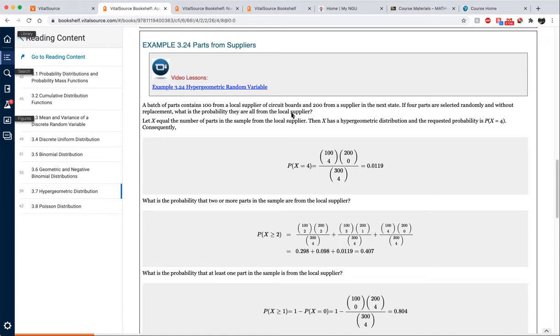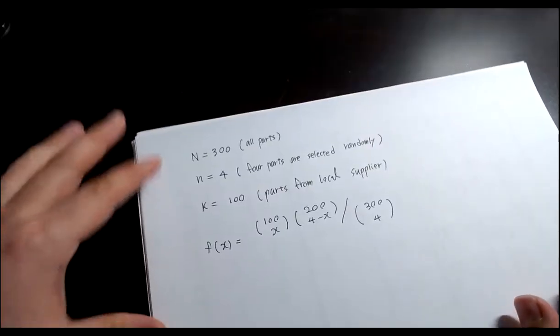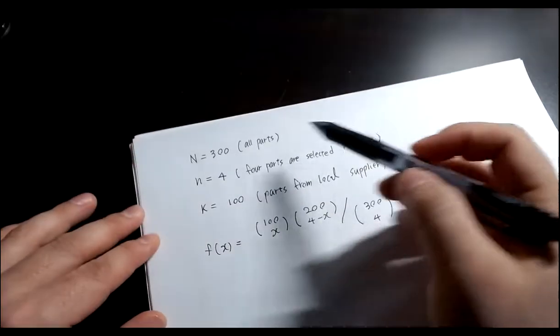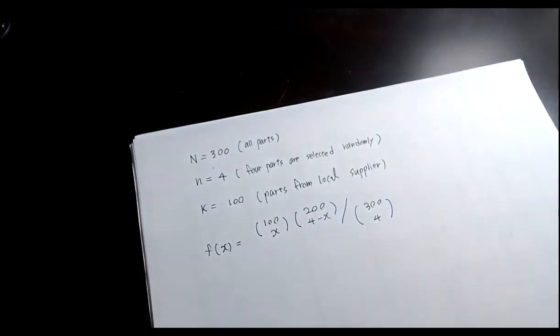Now, as you can see, in this problem the number of parts is 300, right? 100 from the local supplier, and the rest from the other supplier, right? So now this problem says that we select 4 parts randomly.